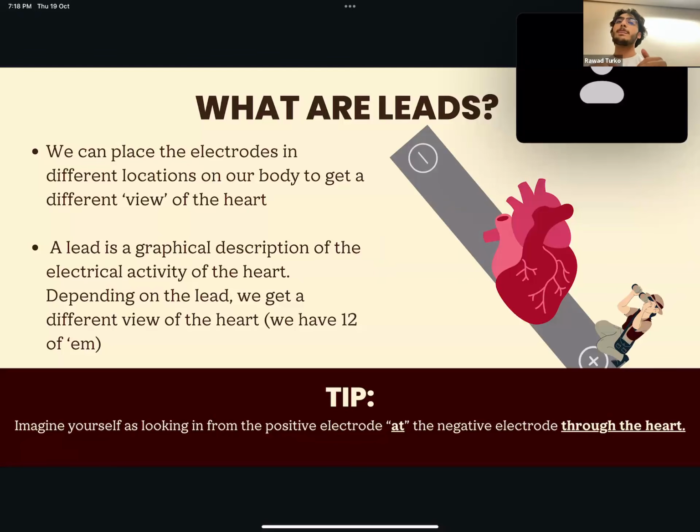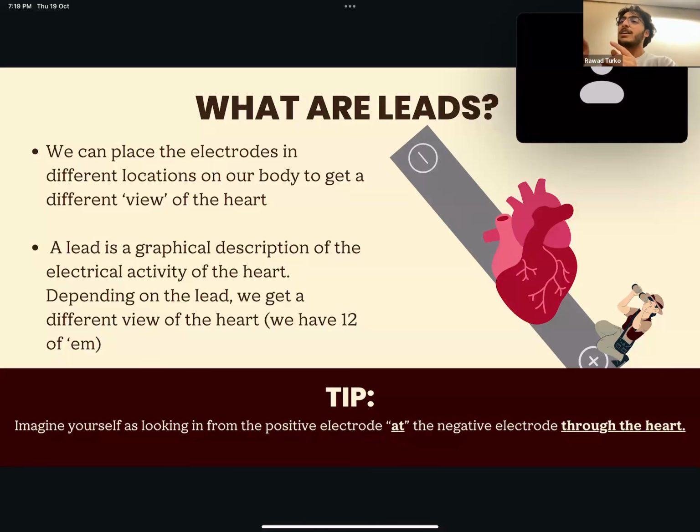So sometimes what will happen, and this was one of the questions in the practice books, is that a patient comes in and they take his ECG, and then his mom checks the ECG, and she sees that not all of the leads look the same, so she worries and thinks there's something wrong with her son.